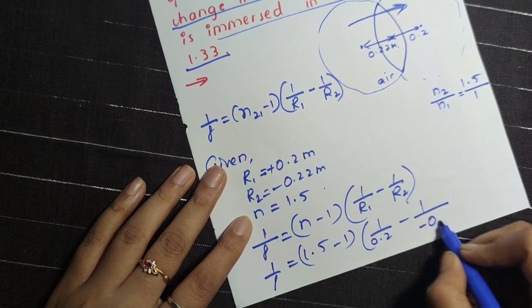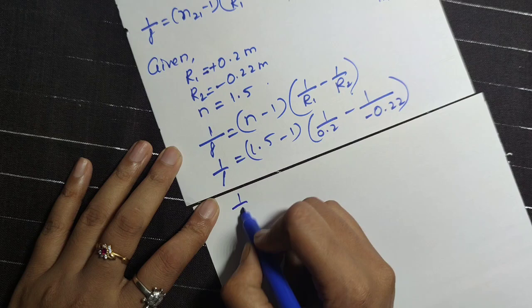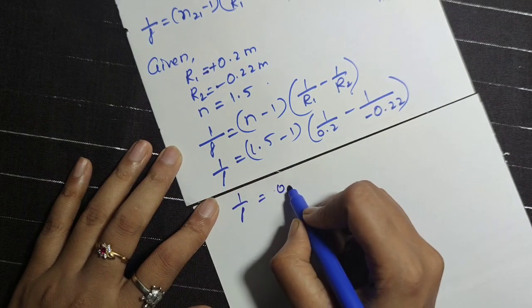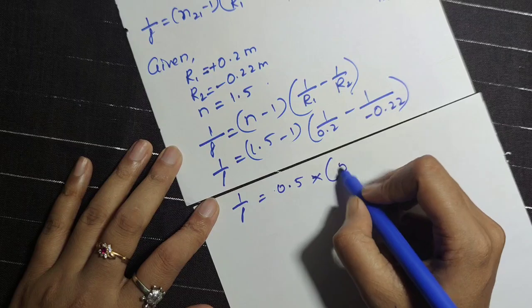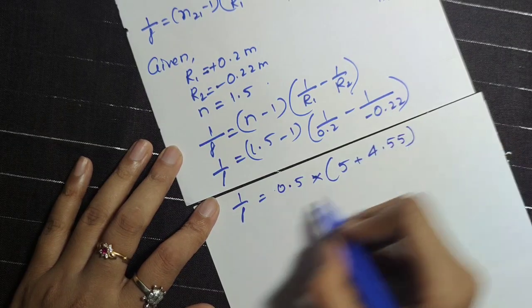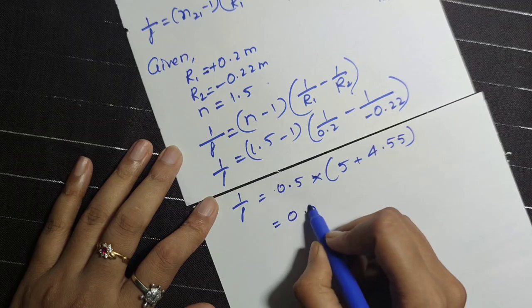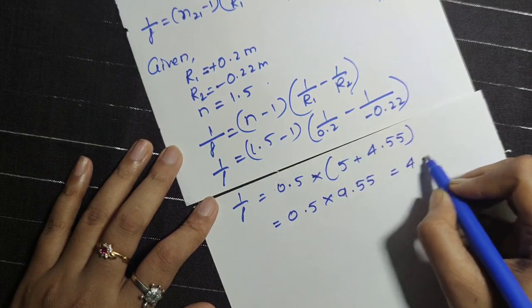Now apply the values: 1.5 minus 1 into 1 divided by 0.2 minus 1 divided by minus 0.22. When you solve, this will be 0.5 into (5 plus 4.55), which is 0.5 into 9.55, equal to 4.78.